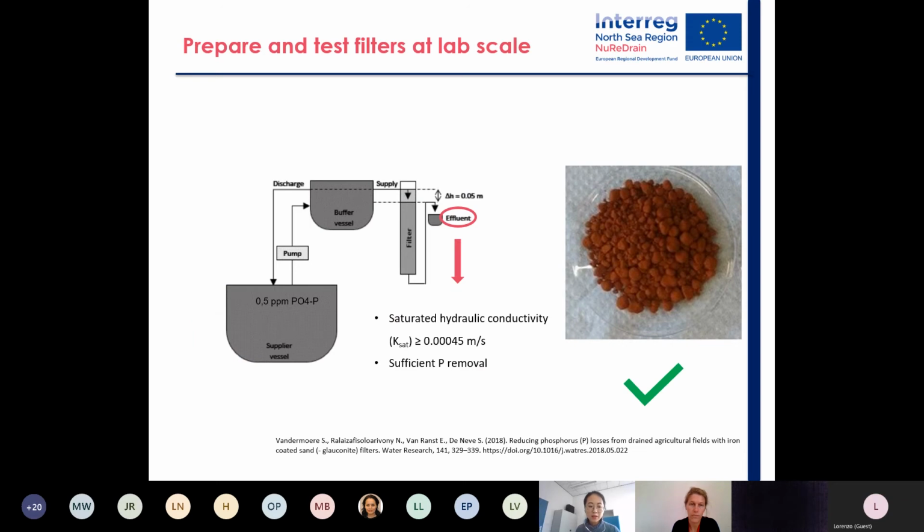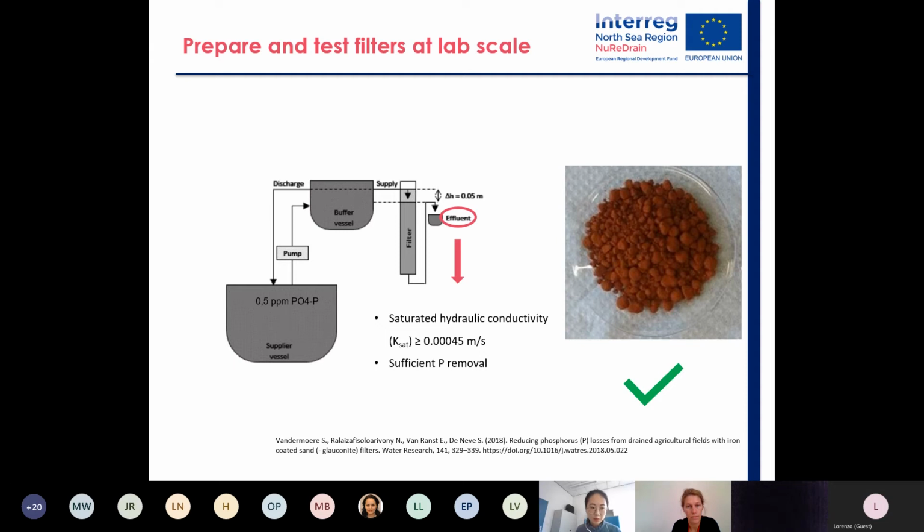At the lab, we evaluated the filter material characteristics, such as saturated hydraulic conductivity, how fast water can move through the filter, and we look for a high value because the space for P removal is limited in the filter. We also tested P removal efficiency, of course. Fast P absorption is important. This graph shows how the simulation experiment was carried out in the lab.